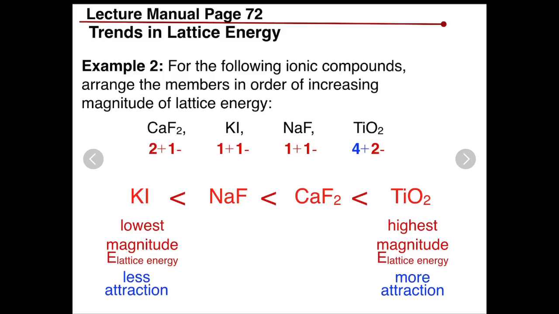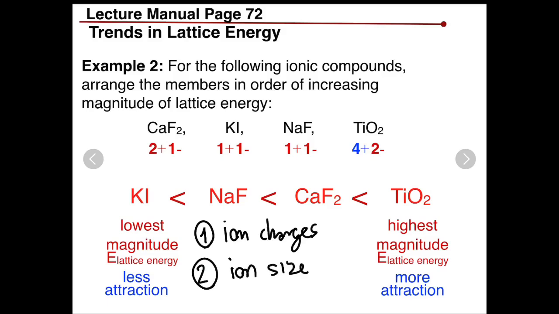So the order would be this. To summarize, you look at ion charges first, because they have the strongest effect, and then followed by ion size if the charges are the same. So you go by size.